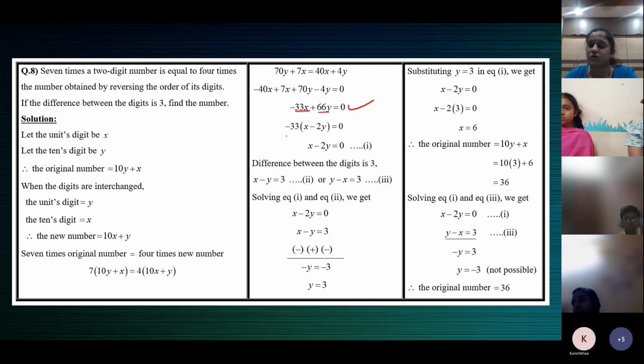Between these two terms, you can even take out 33 common. Not that you should take minus 33; you can also take 33 common. I've taken minus 33. You can even take 33 common. But if you take 33 common, you will get minus x plus 2y is equal to 0, because 33 into minus x is minus 33x.